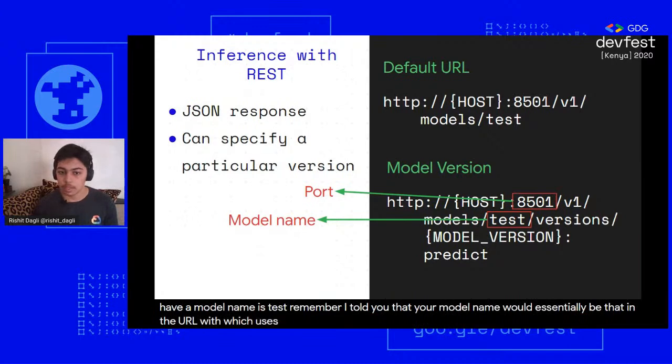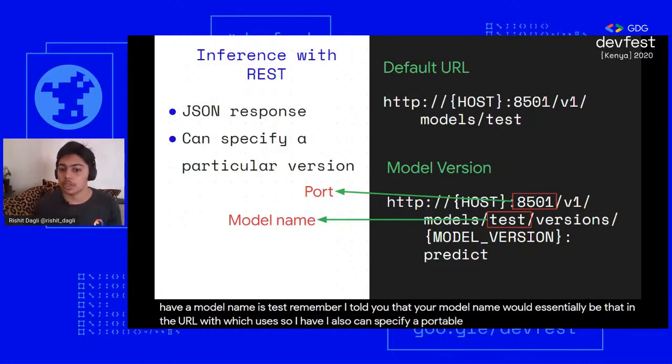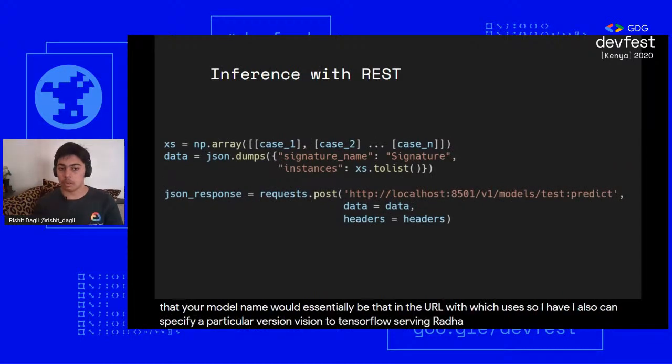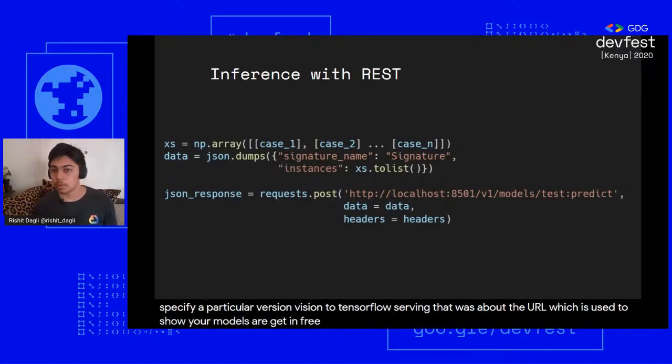So I have the port and the model name over here. And as you can see, I can also specify a particular version. So I can have this model version over here and specify a particular version to TensorFlow Serving. That was about the URL which you use to get inferences from your models.